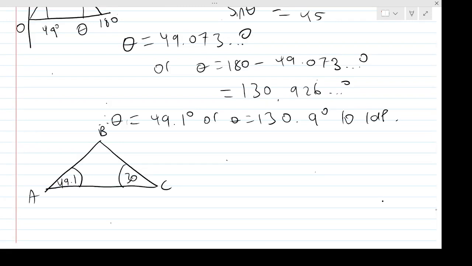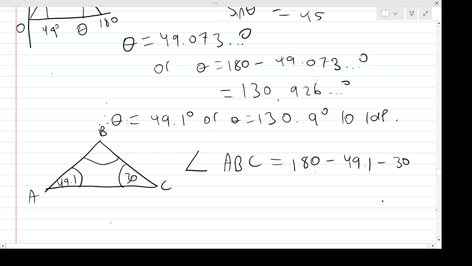So then to work out the largest angle, well, let's consider the remaining angle at B, right? Well, that angle then, so this angle ABC then, because the angle's at B, that's how I label my angle. This remaining angle, they all have to add up to 180, right? So let's go back to that triangle property. So I need to take 180 away from the two angles. So 180, take away this 49.1, take away this 30. And then if I do that, I get 100.9 degrees.